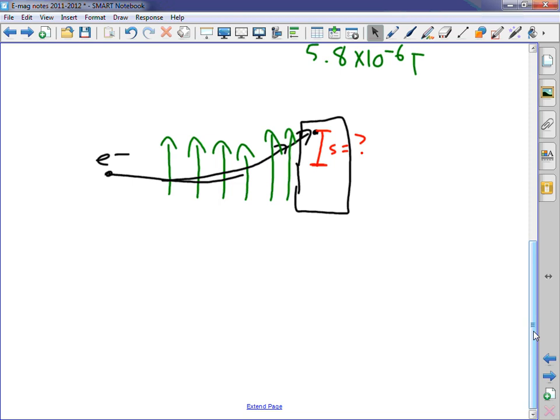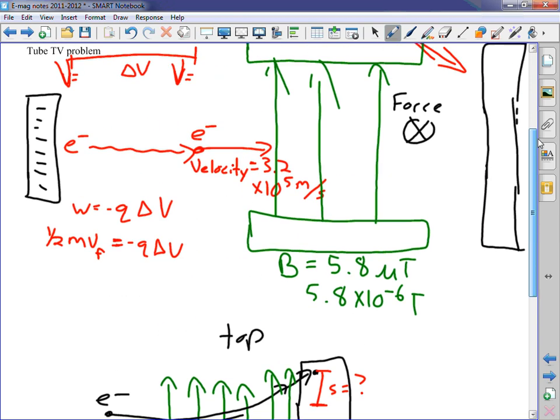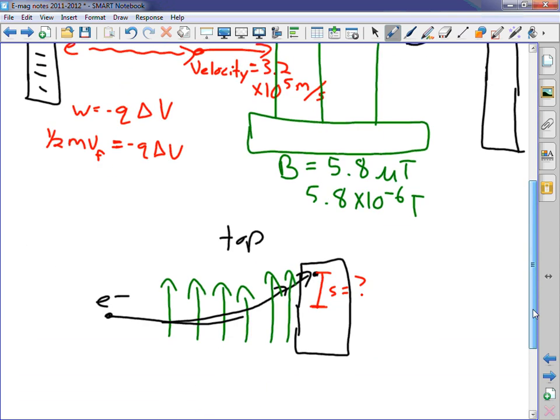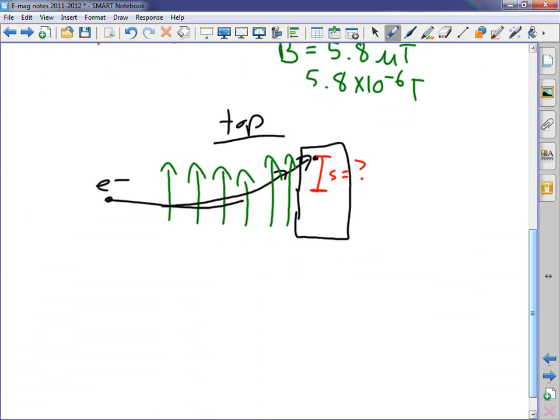What causes this electron to be pushed upwards from this picture on this top view, and this would be a side view up here? What causes this electron to be pushed from our perspective and from that side view into the board? Well, the magnetic force. The magnetic force causes an acceleration.